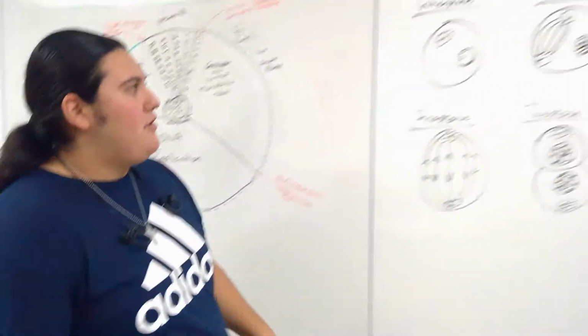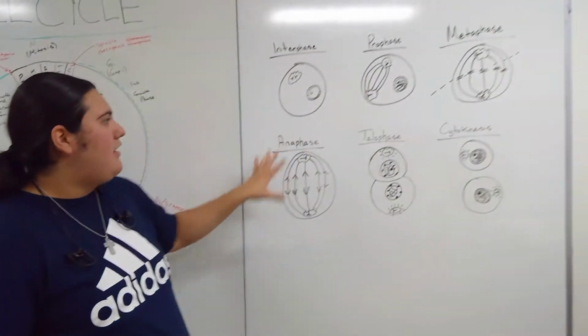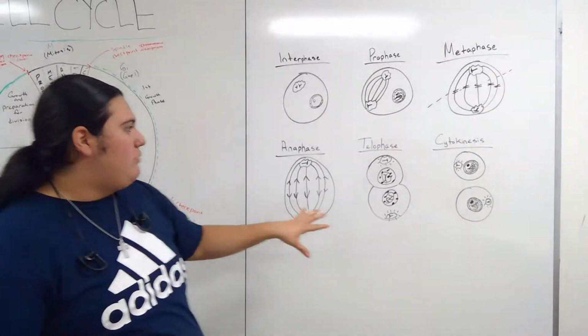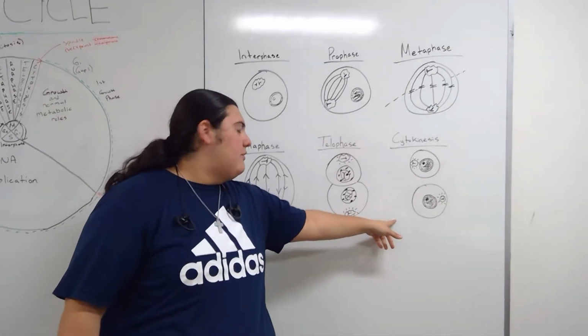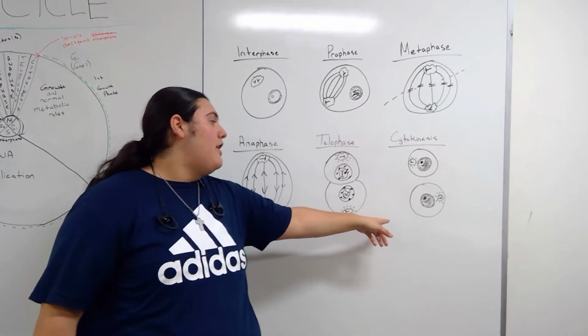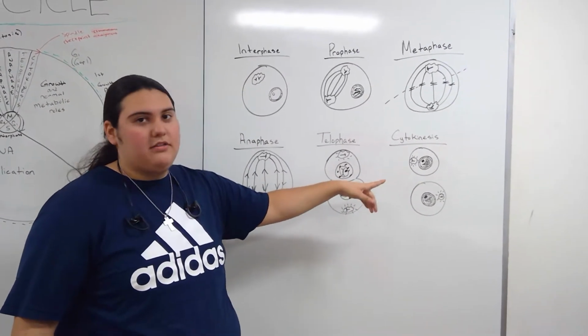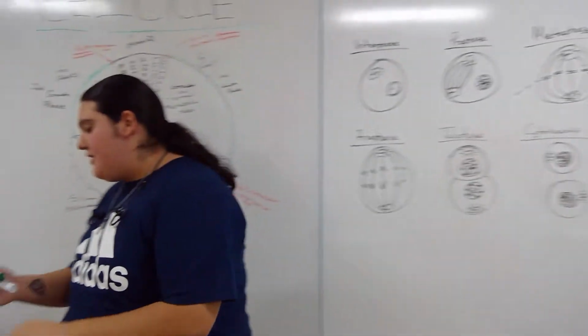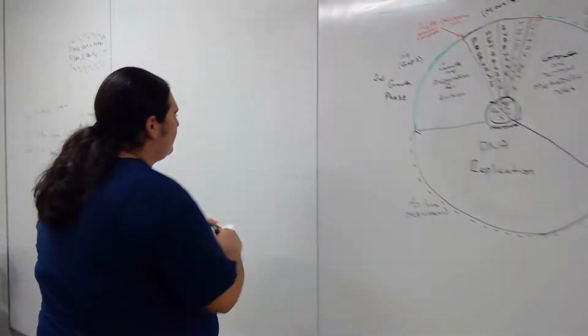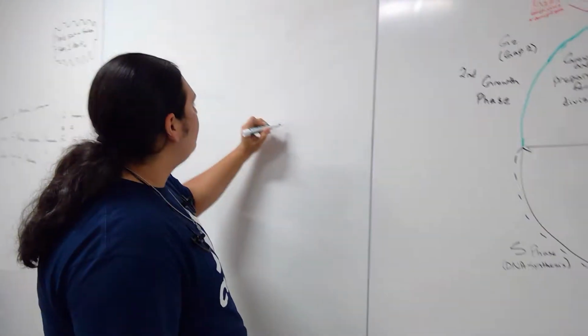Okay, and meiosis is a similar format as mitosis, but instead of only producing two, it produces four, and they're not identical to the parents and to each other. And then in the first, one of the stages is crossing over.